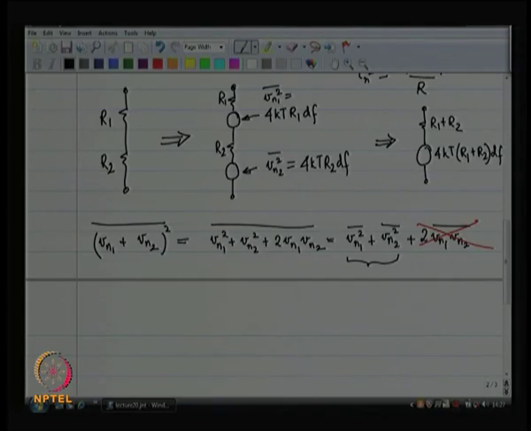That fits perfectly well with my intuitive answer that if I put two resistors R1 and R2 in series, then the combination of the two should be equal to R1 plus R2. This statement is also true in terms of noise.